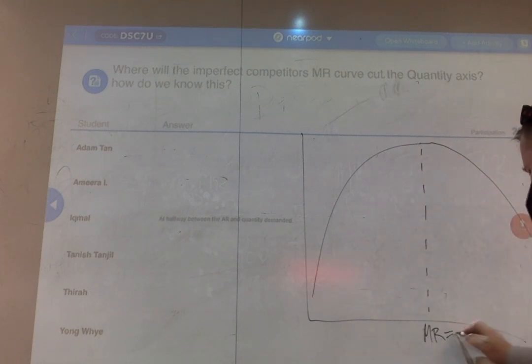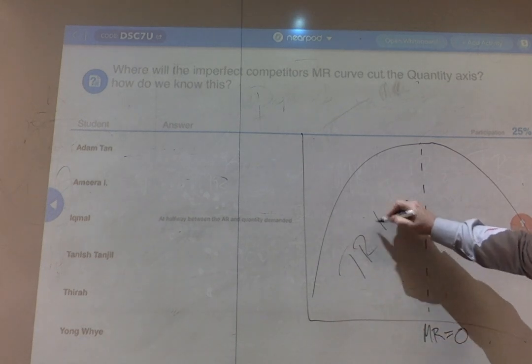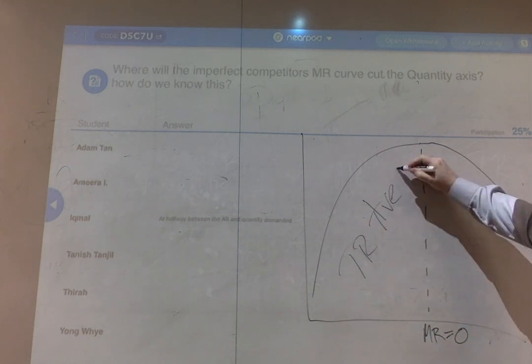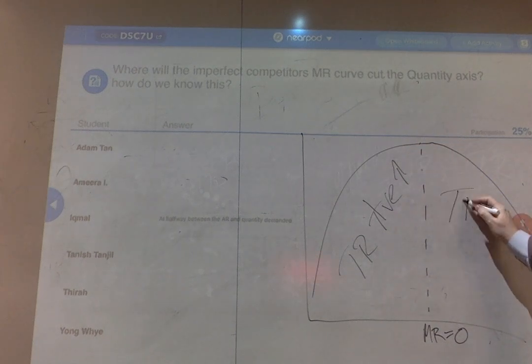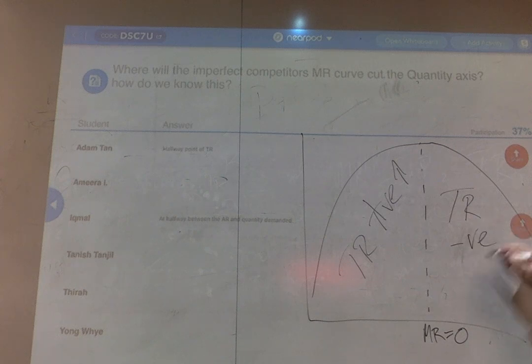MR equals 0. Yeah, mathematicians, am I right? Ickmal says I'm right, so must be right. So here, total revenue is positive or increasing. Here, total revenue is negative, right? Negative or decreasing.